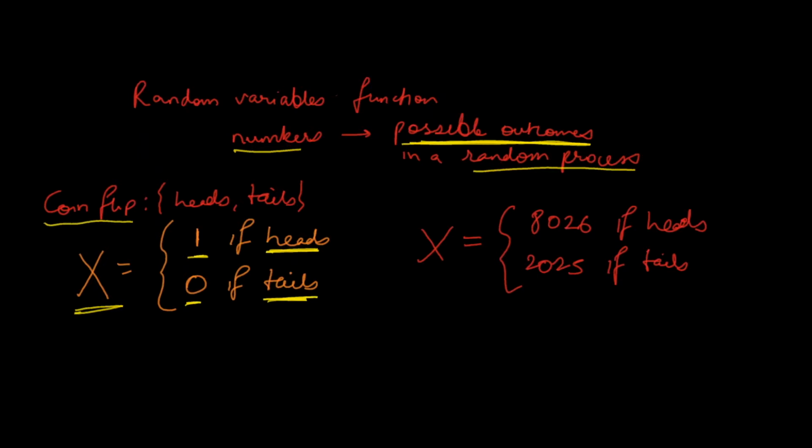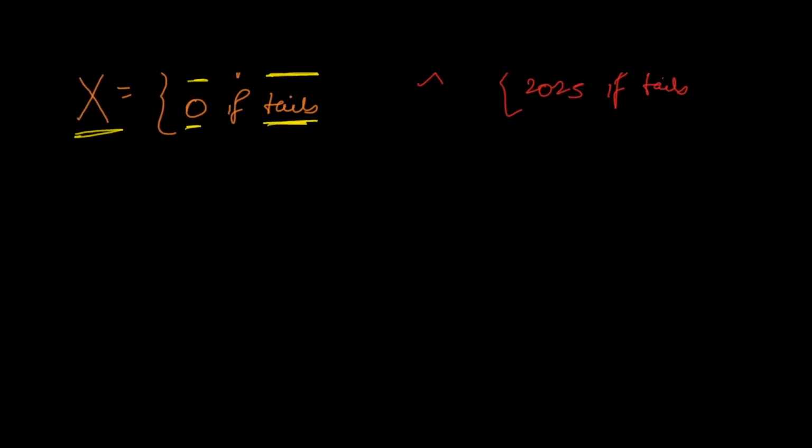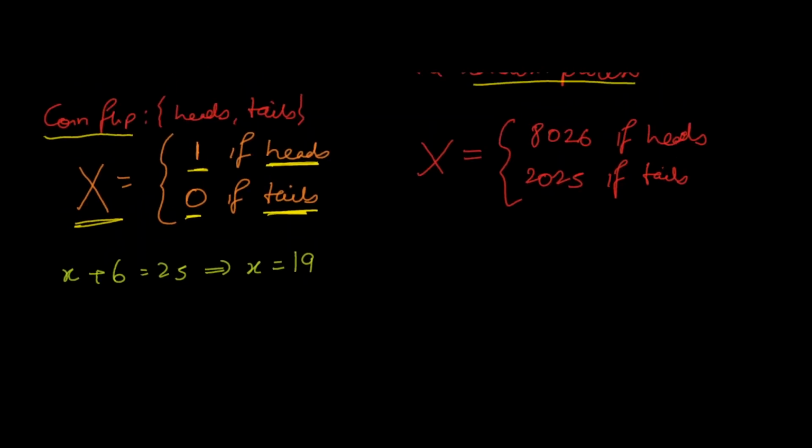So I just want to bring to your attention that this is different from the deterministic variables that we're exposed to in high school and early on in uni. For example, if we have x plus 6 is equal to 25, then we know for certain that x would be equal to 19. And this is different from a random variable.